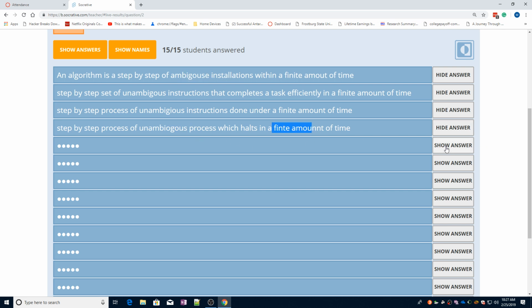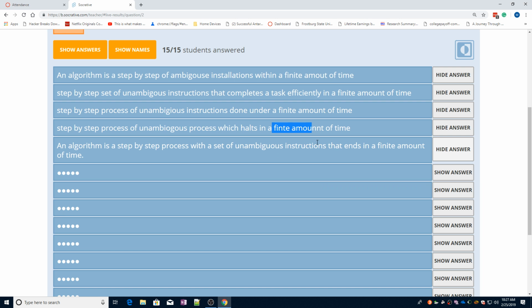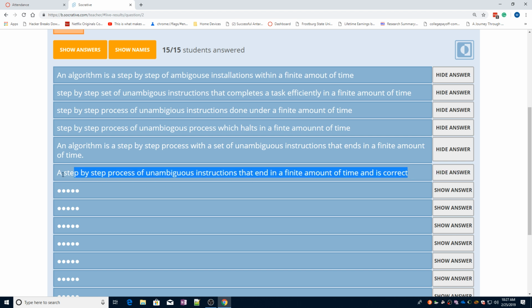Unambiguous, finite amount of time, still missing something. Here we go. Unambiguous, finite amount of time, and is correct. That is a 5. Step-by-step set of unambiguous instructions, halts in a finite amount of time, and solves the problem correctly.